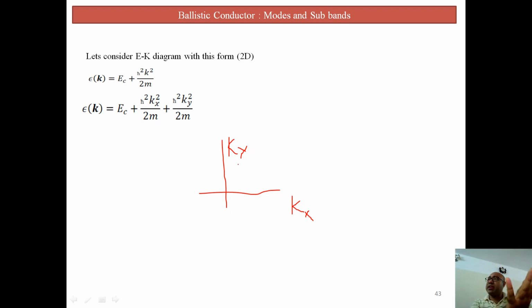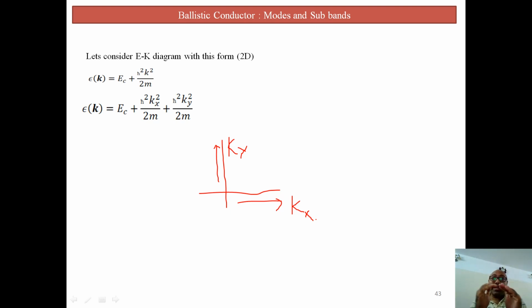Just like in our discussion of graphene: the current is flowing along kx and ky is quantized. So what will happen? Graphene is a plane sheet, and if you roll it, that means a width W. So the W direction is quantized, while along the L direction the current flows nicely. The idea is that since ky is quantized, for each ky value we have to plot an E-k diagram of kx.